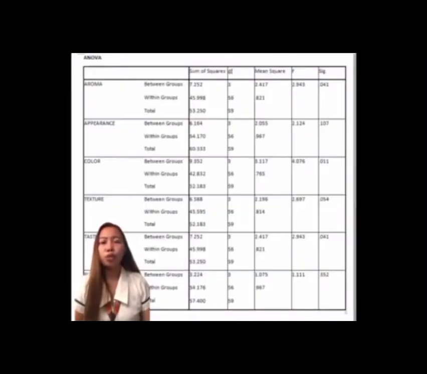We proceed now to Table 22, which is the summary of ANOVA. As you can see on the screen, the ANOVA test resulted that there is a significant difference among the different levels of aloe vera brownies in terms of aroma, appearance, color, texture, taste, and purchase intention.